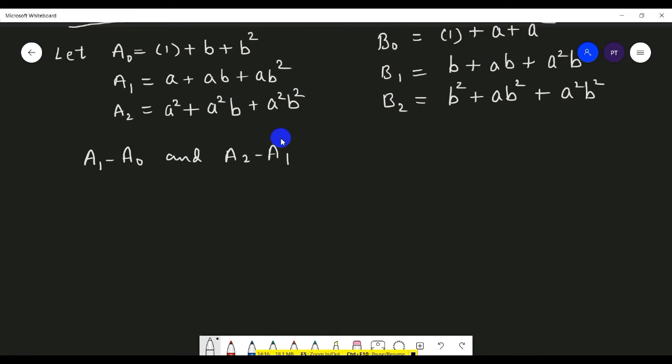These two effects now will be utilized to find the linear and quadratic effect associated with main effect of factor A. The linear effect of factor A I denote by A subscript L, and this is the sum of these two effects, which is A2 minus A1 plus A1 minus A0, which turns out to be A2 minus A0.